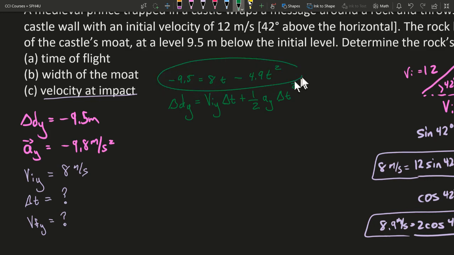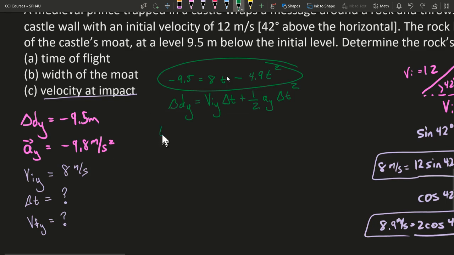Okay, if you look closely at this, this is a quadratic. I've got a t and I've got a t squared unknown. If I have a t and a t squared unknown, what I actually end up having is two solutions. And I'm going to have to plug this into the quadratic formula, which is going to be a bit of an annoyance, right?